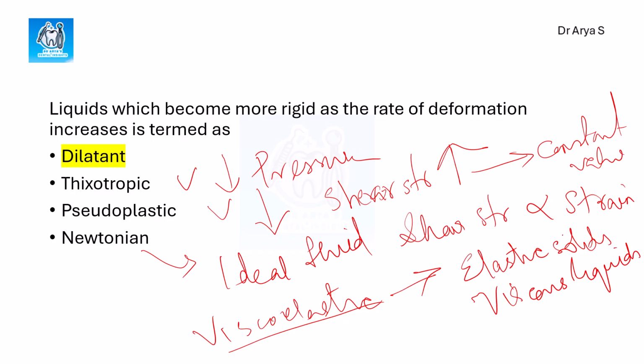And then the Newtonian fluid is the ideal fluid, and shear stress is proportional to strain. Then viscoelastic is a characteristic of polymers that behave as elastic solids and as viscous liquids. So the answer is dilatant.